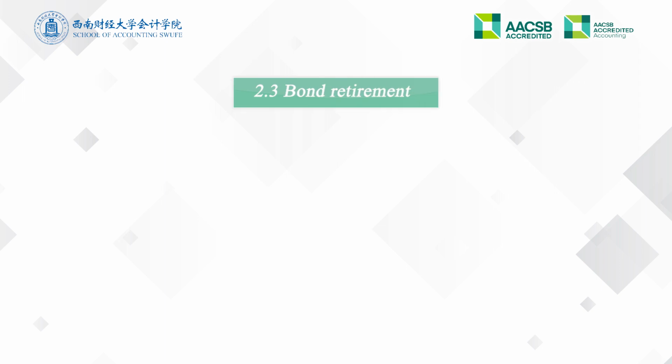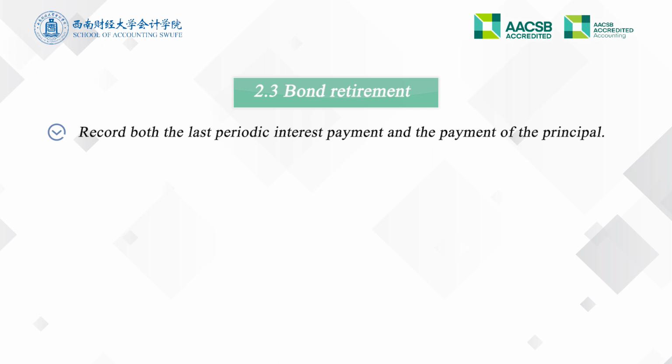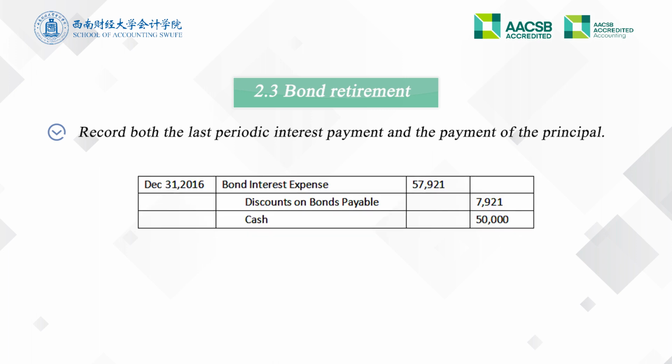Bond retirement at maturity. On the maturity date, the company should record both the last periodic interest payment and the payment of the principal. December 31st, 2016. Debit bond interest expense 57,921 yuan.